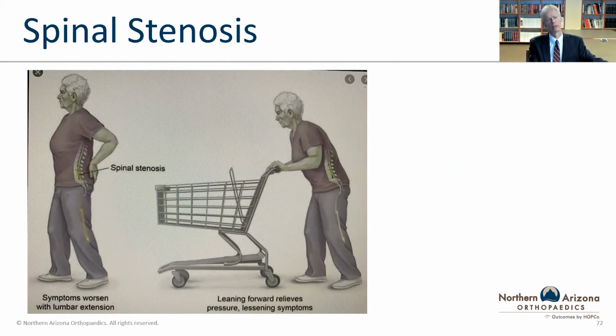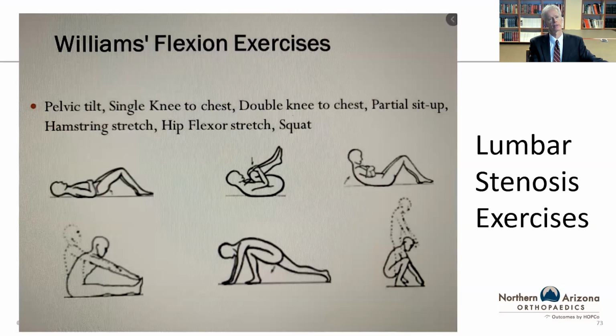So when we do exercises for spinal stenosis, we tend to do more flexion, originally the Williams flexion exercises, such as knee to chest. They tend to relieve symptoms and feel better for people with stenosis. So when we prescribe therapy, we're looking at the movement patterns and exercises that tend to alleviate or improve symptoms, and the ones that tend to aggravate, we stay away from.